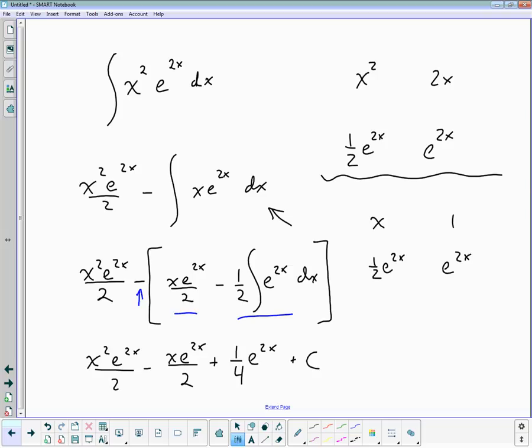That is not to say that it doesn't also spit out positive and negative signs. If I had repeated derivatives or repeated integrals over and over again, you're going to be spitting out negative signs because the derivative of cosine is negative sine. So eventually it'll be spitting out negatives too. So there might be some sign changes going on in there.